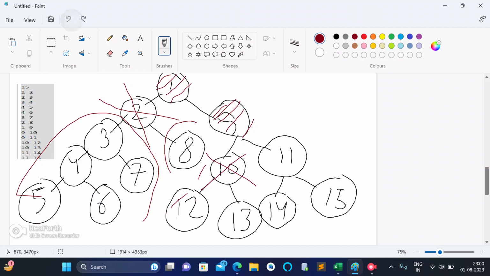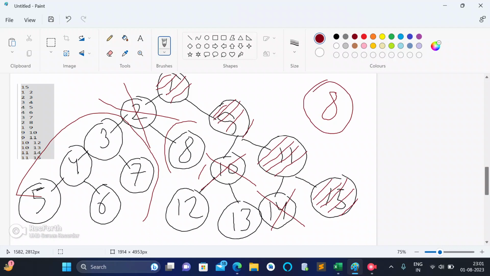Now let's say I decided to remove 10. So 12 and 13 will remain safe from infection, and 11 got infected. Now let's say I decided to remove 14. So 15 got infected. So our answer would be 1, 2, 3, 4, 5, 6, 7, 8. The answer would be 8, which is of course less than 10. So this won't be the optimal approach.